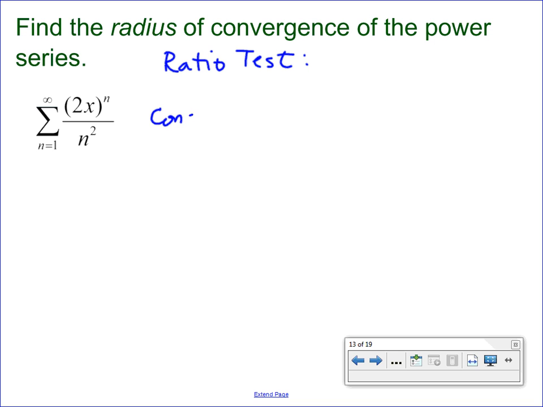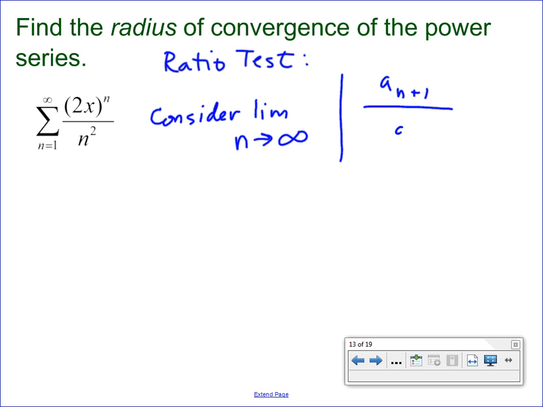We consider the limit as n goes to infinity of the absolute value of the n plus 1 term over the nth term. It's just now I'm going to have x's in there, and so my absolute value bars do matter because we want to consider what values of x result in a limit L that's less than 1, which will guarantee the convergence.